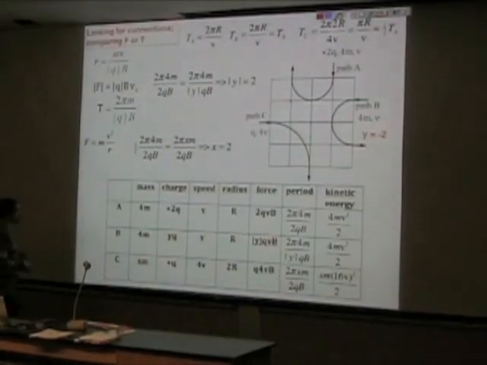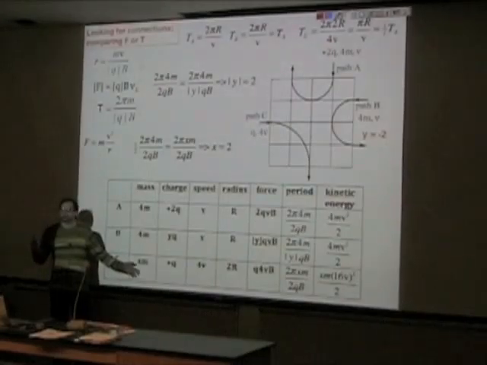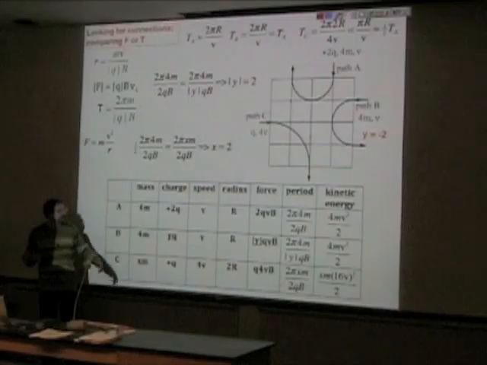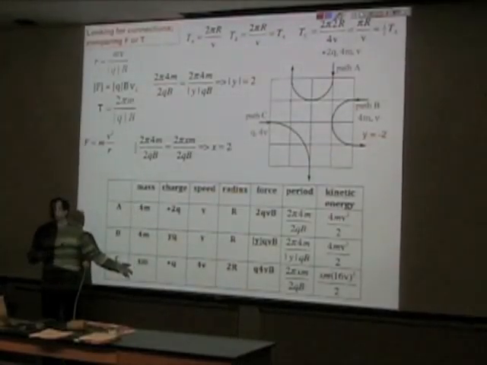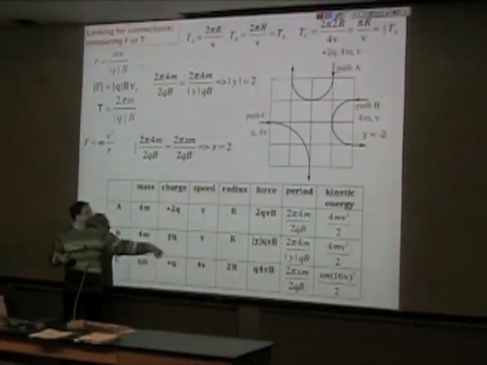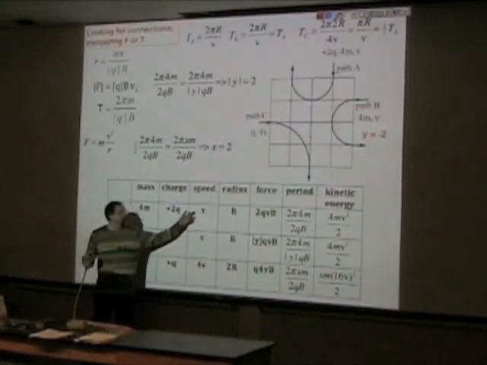And here, instead of question marks, we have introduced two specific unknowns, number x, number y. These are the numbers, because now all the masses are written in terms of m, all the charges in terms of q, and you could have maybe a similar problem with unknown speed.